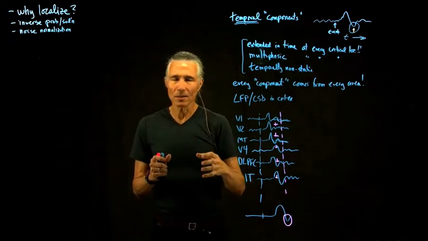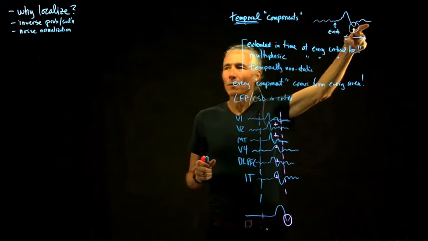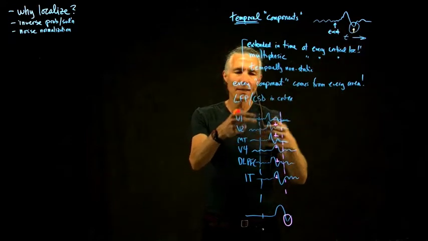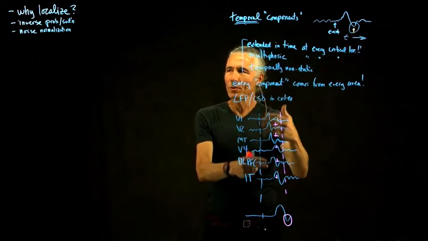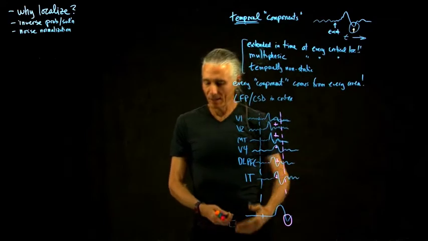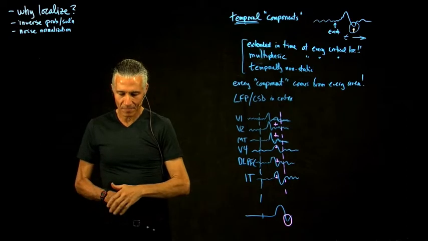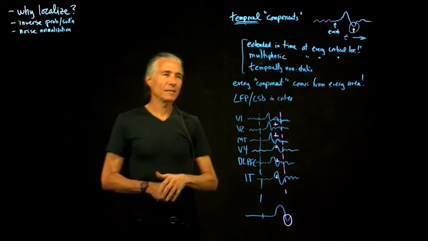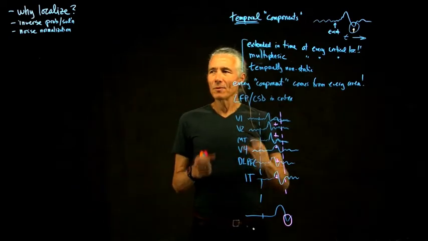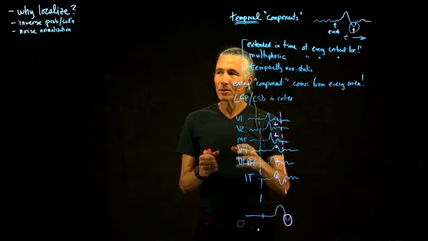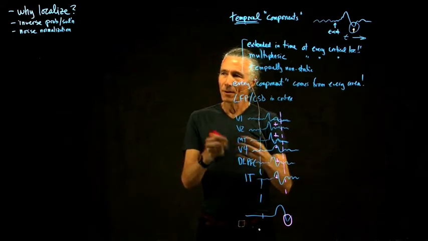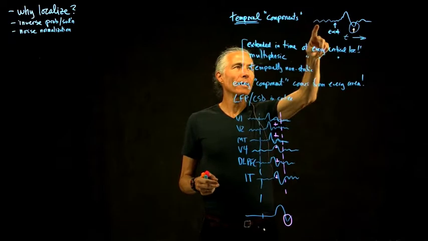It doesn't change the way that the temporal waveform will change as you modulate the contribution of all these different underlying cortical areas to it. So really that's the motivation to try to localize things. It's a better job of trying to figure out what the brain is doing rather than just looking at a summed signal.